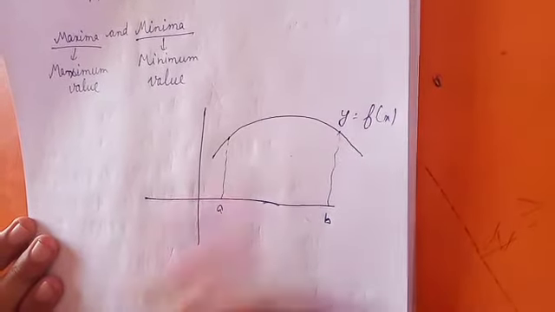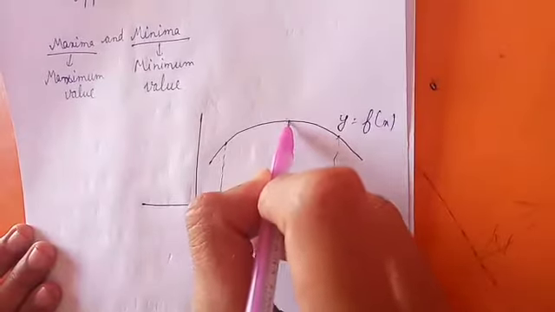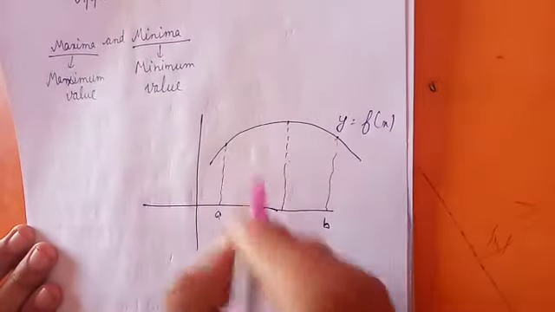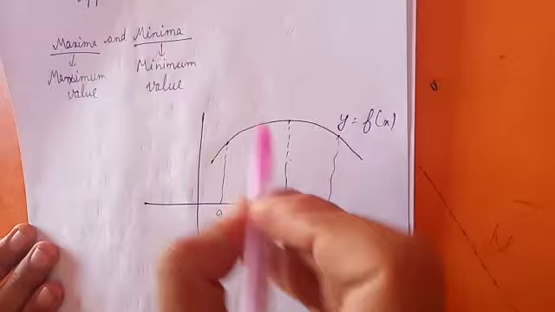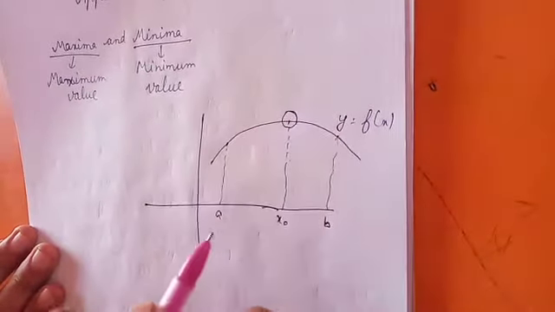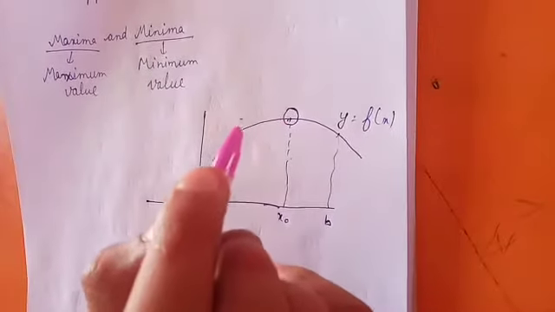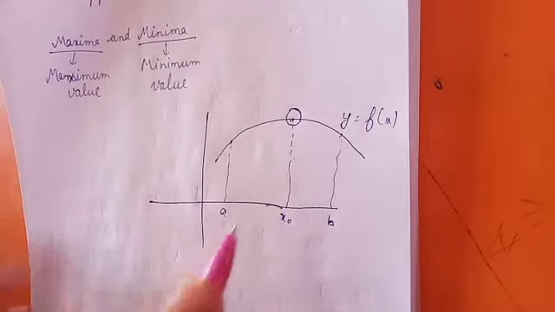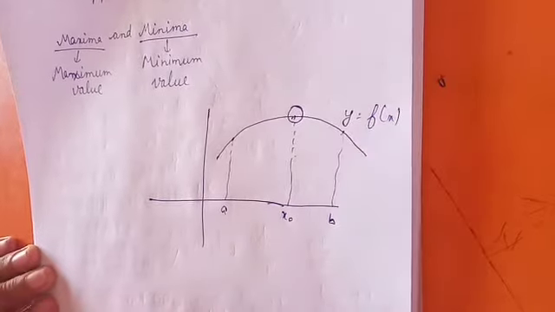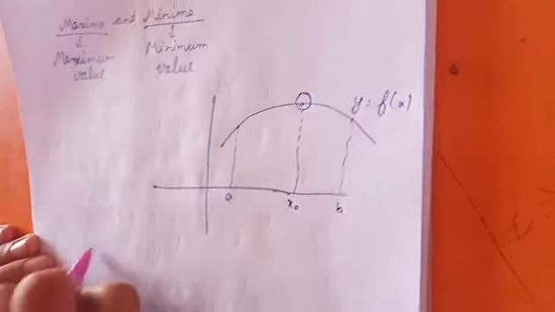Now when you look at this interval, at a point x naught the function has its maximum value, and this point is our maximum. But how will you define it? We have a function f of x.